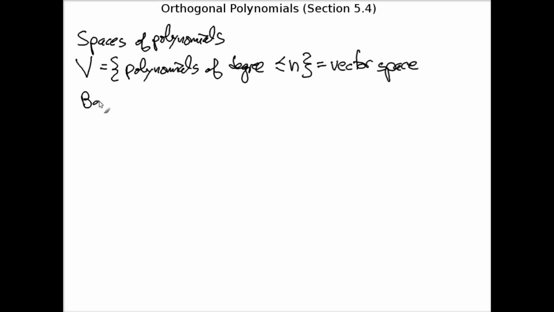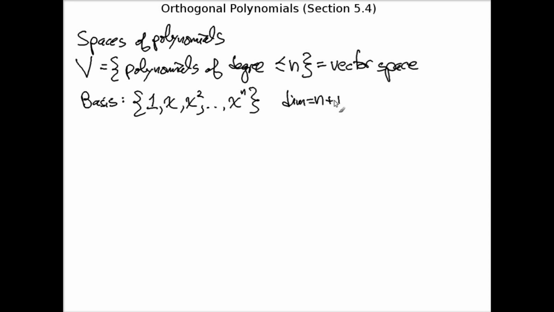What's a basis? Well, the natural basis is the constant function 1, the polynomial x, x squared, and so on, up to x to the n. So the dimension, of course, is n plus 1.